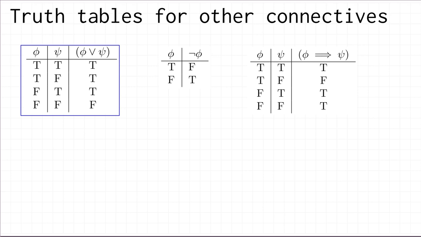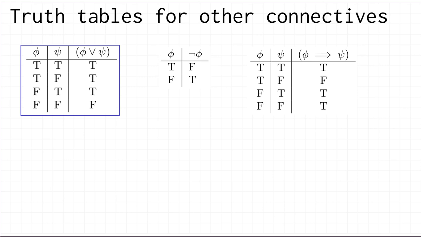So we're going to regard the well-formed formula phi or psi as being true under a particular truth assignment if at least one of phi and psi was true under that truth assignment. And just as we did for AND, we'll also regard the symbol OR, this V symbol, as a way of combining truth values into another truth value, so as a logical operator.